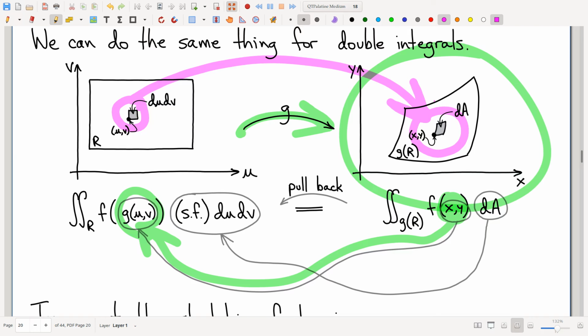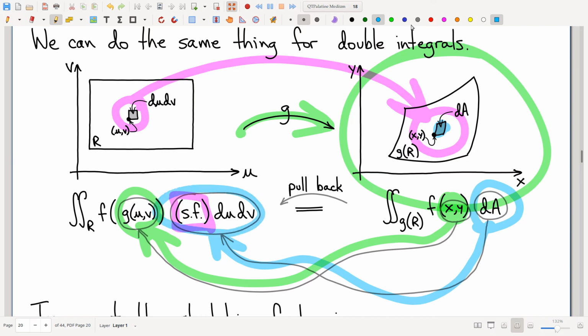So exactly how much that stretches things just has to be inserted in recognition of the fact that this area in your output, dA, is stretched accordingly from that input piece of area, du dv.